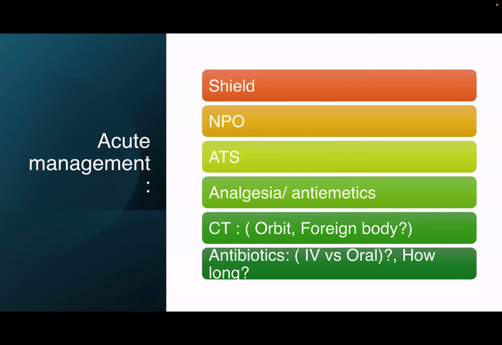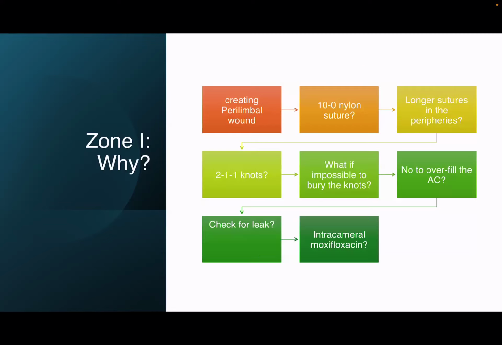Analgesia and anti-emetic are sometimes helpful to keep the child calm, to check your eyes, to complete your examination. If you are not sure whether there is orbital injury or a foreign body, you can go with a CT scan, and you can start antibiotics as either IV, vancomycin, ceftazidime, or oral, and this antibiotic should be continued for 7 to 10 days.